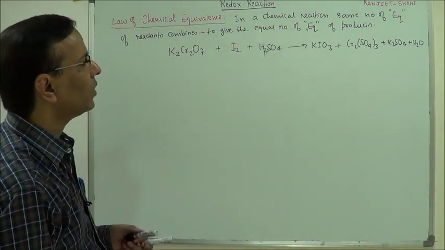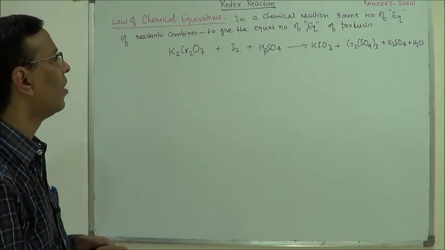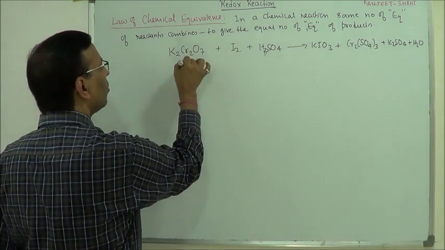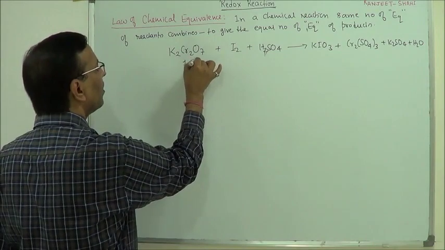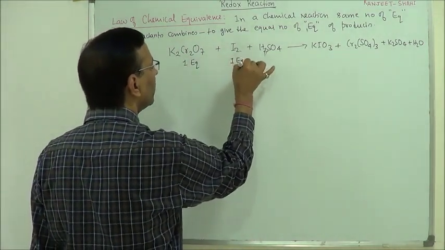Then according to this law of chemical equivalence, an equal number of gram equivalents react: one equivalent of this will react with one equivalent of this.